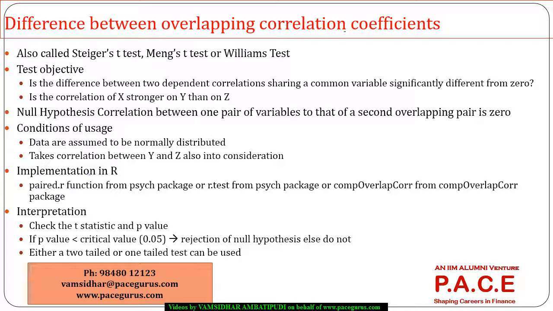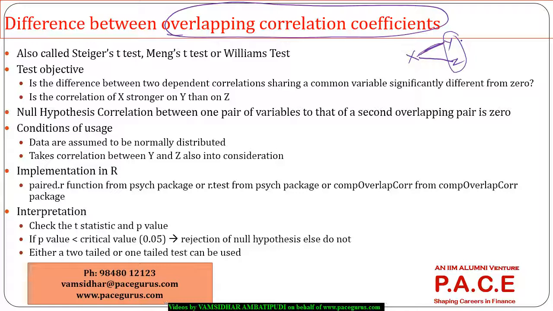Then in some cases I may have overlapping correlation coefficients. So I want to see X, Y, Z. Is X influencing Y? Is the relationship between X and Y stronger, or is the relationship between X and Z stronger? But I know that there is some kind of relationship between Y and Z as well.